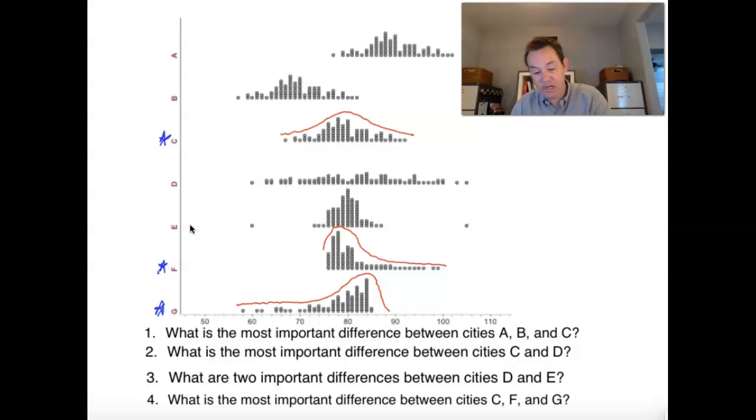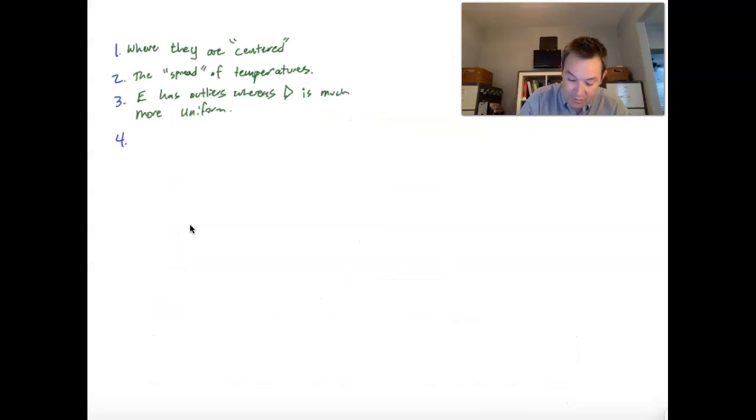And in this one, the shapes are all clearly different. C is symmetric, whereas F has a clump of data on the left and then trails off towards the right, and G opposite, a clump of data on the right and then trails off towards the left. So we're going to call that difference the shape of the distributions.